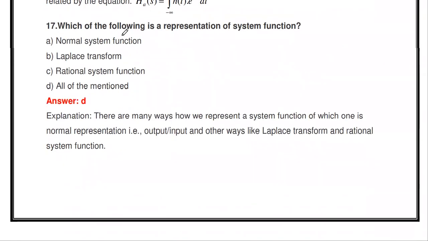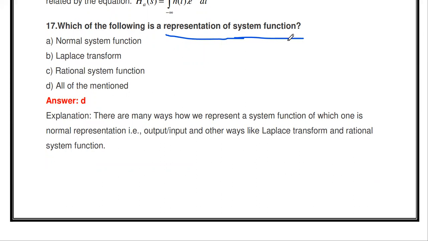Then the next one: which of the following is a representation of system function? You know the system function and transfer function are all the same. The system function is the Laplace transform of the output divided by the Laplace transform of the input, H of s; it can also be a rational system function.